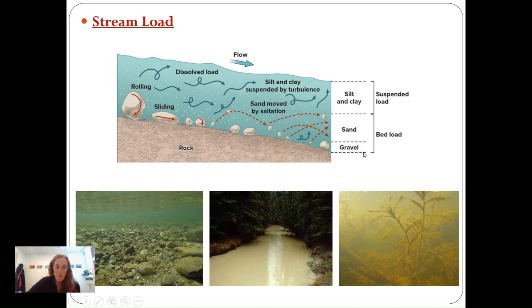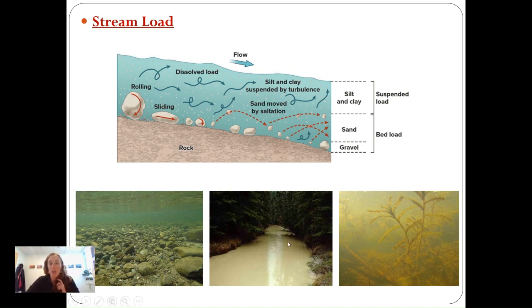And then we can also have what's called suspended load. Suspended load is stuff that's floating in the water. A suspended load is usually made of silt and mud or clay. If you have a high suspended load in a river, it's going to look murky, it's going to look muddy because you have a lot of silt and mud floating in that river channel.